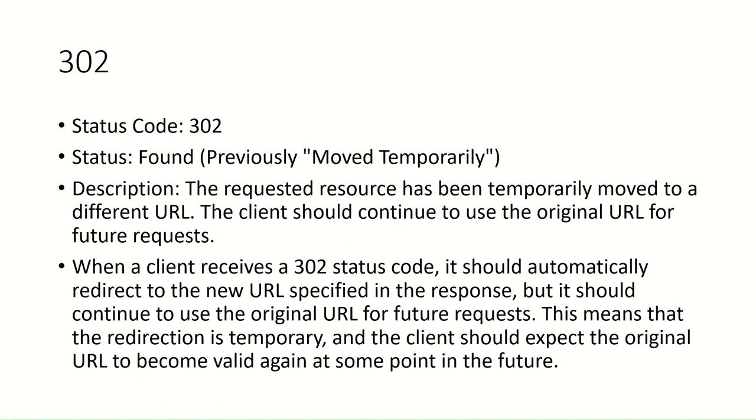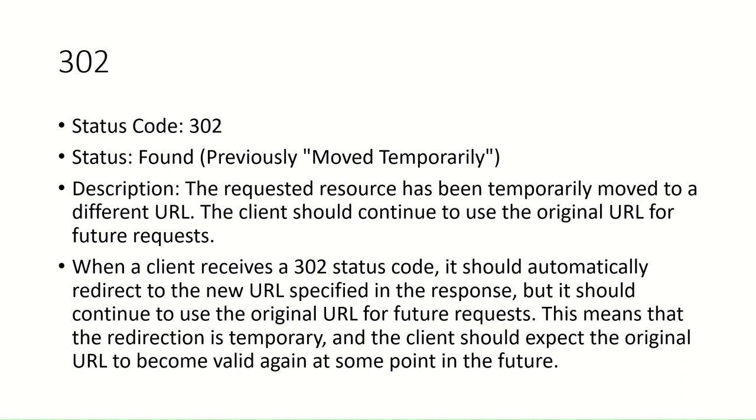So the status code is 302 and the status name is found, which was missing previously. Previously it was moved temporarily, but now it is found. The description says that the requested resource has been temporarily moved to a different URL. The client should continue to use the original URL for future requests. So previously the resource was moved, but now it is back in work.